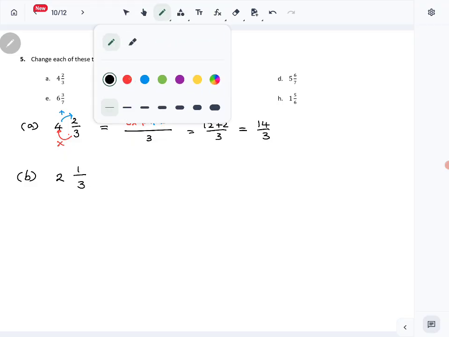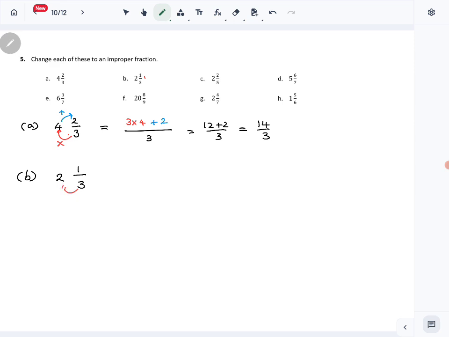So first step is what? Multiply the whole number by the denominator. So 2 times 3, which gives you what? 6.